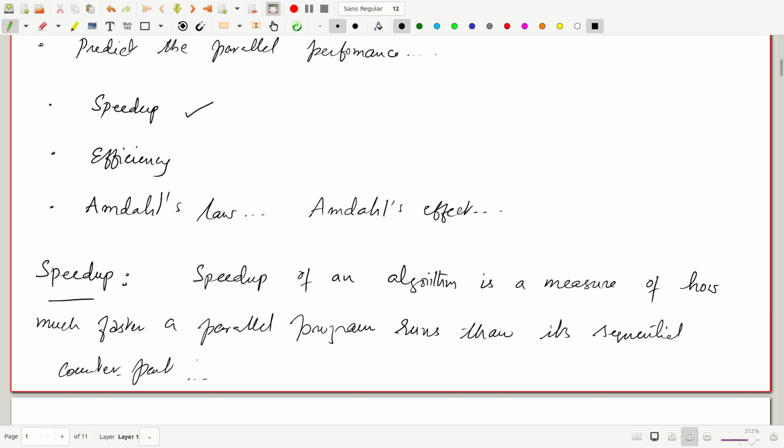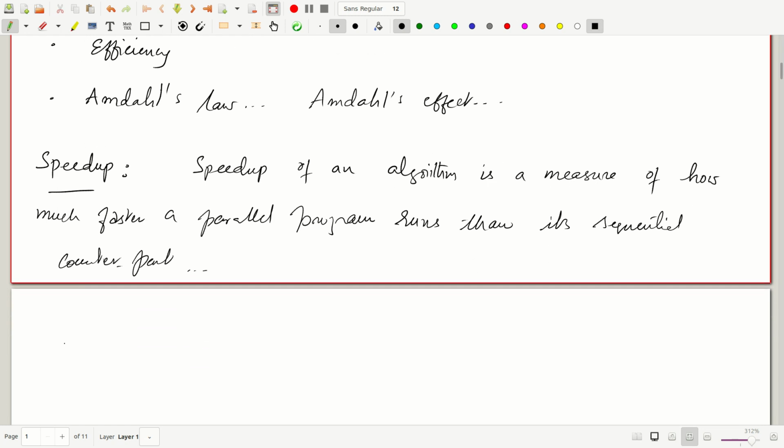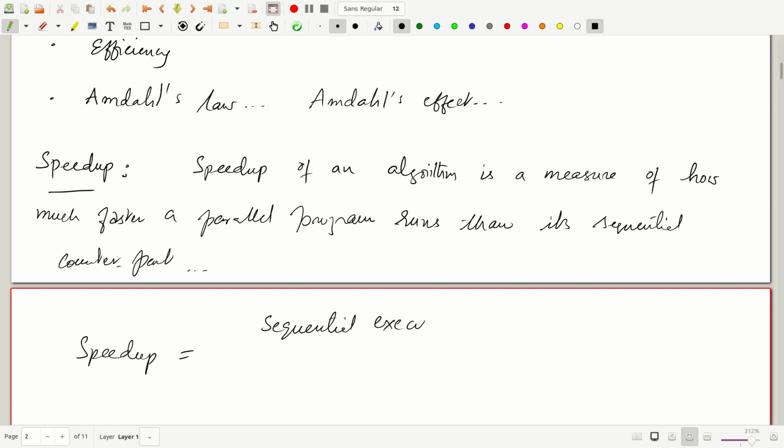If you define speedup as a ratio of execution times, then speedup can be written as the ratio of the sequential execution time, or execution time of the serial code, upon the parallel execution time. Okay, so that is the definition.